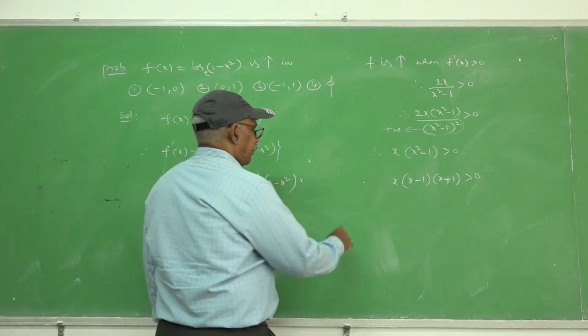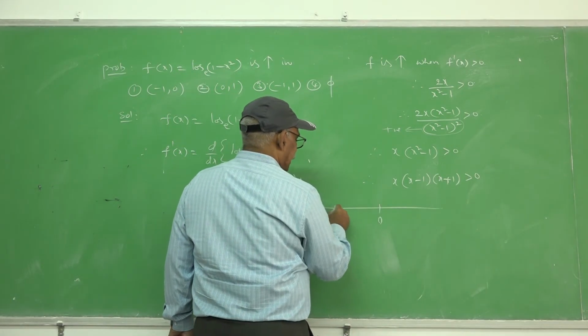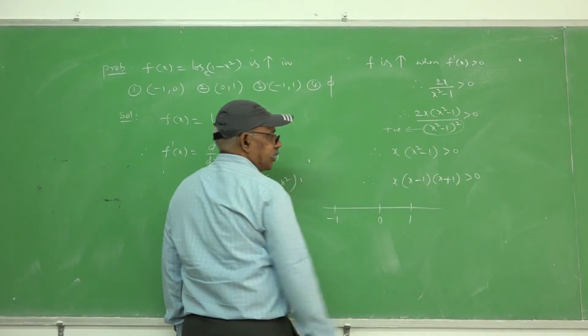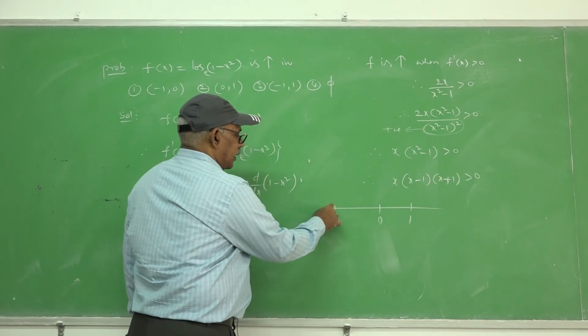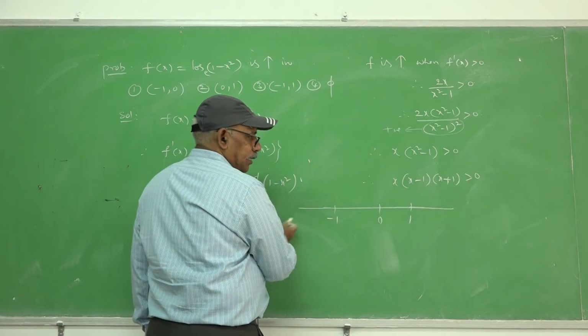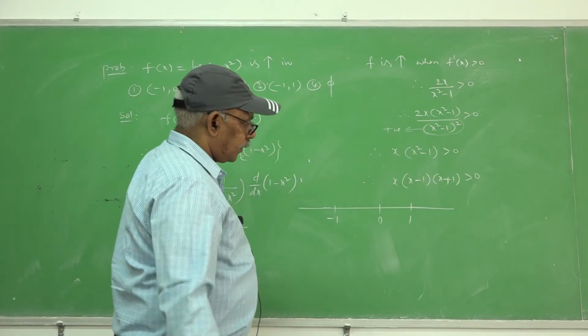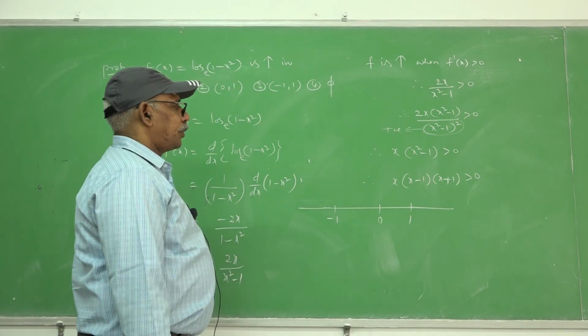From this, x may be 0, x may be minus 1, x may be 1 from these factors. Now discuss the nature of the function in these intervals: less than minus 1, more than 1, and between minus 1 and 1. Suppose x is more than 1.